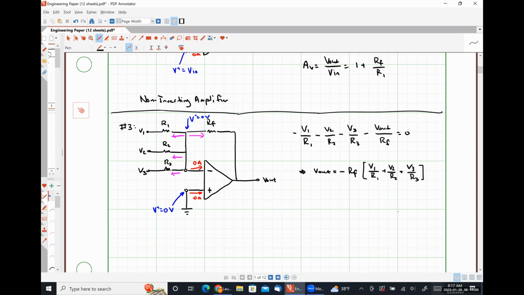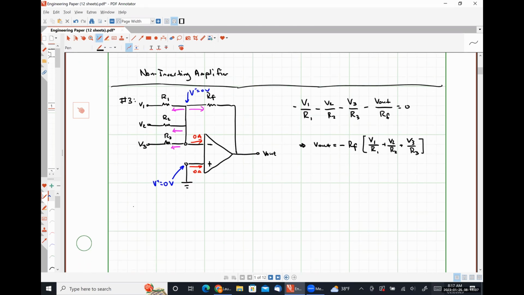What this amplifier is called is the weighted inverting summer. So it adds together the input voltages to create the output voltage.